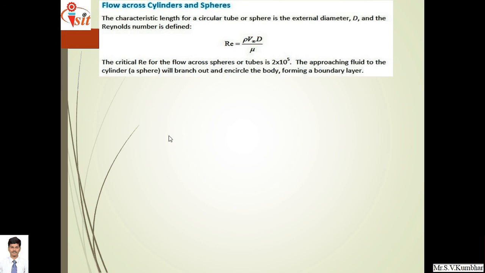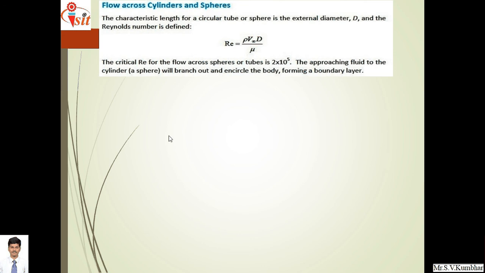So, the flow across cylinder and sphere. If the characteristic length of a circular tube or sphere is its external diameter d, then the Reynolds number is calculated by the relation Re = rho V d / mu, where rho is the density of fluid, V is the velocity of that object, sphere, or the velocity of that fluid, d is external diameter and mu is dynamic viscosity of fluid.